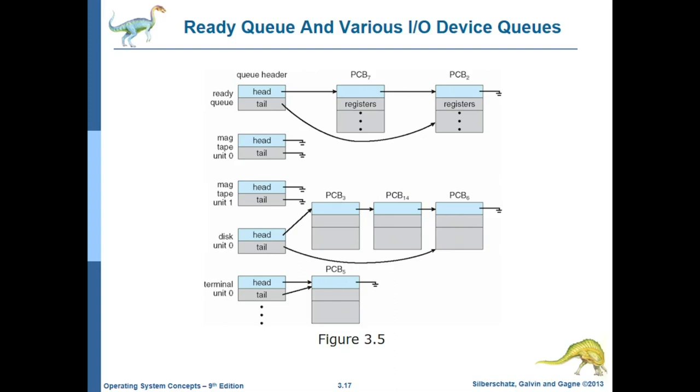The figure also shows that there may be multiple I/O device queues for different types of devices. For example, there may be separate queues for disk, printer, keyboard, and so on.